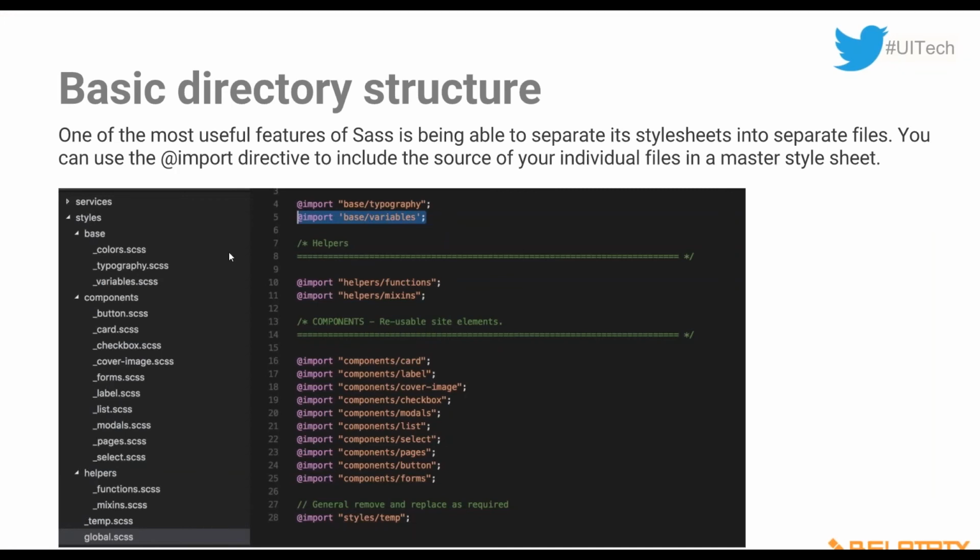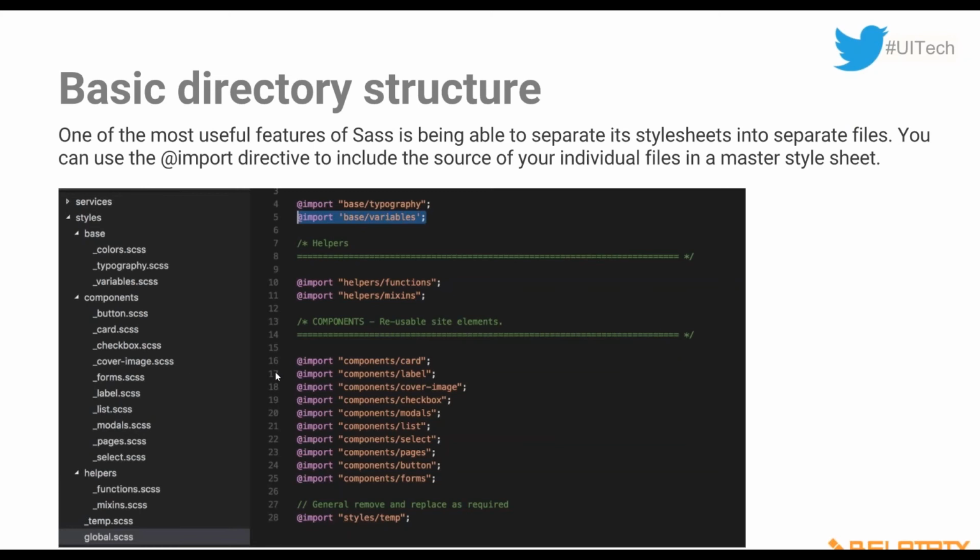Also, you have a components folder, where you can create styling for different elements. And finally, you create one main file, and in that file you import all that you need. In this case, if you have different themes, you can create different main files for CSS.